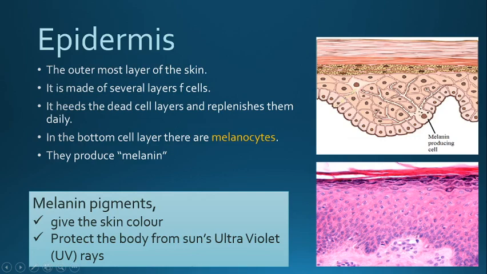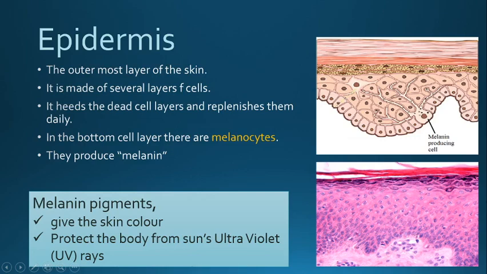And in this cell layer, you can see that there is a specific type of cell which is larger than the other cells, and they have branched. These branched large cells are the melanin producing cells. We call these cells melanocytes.